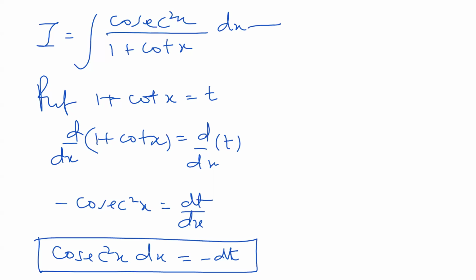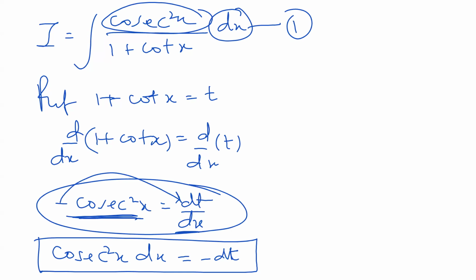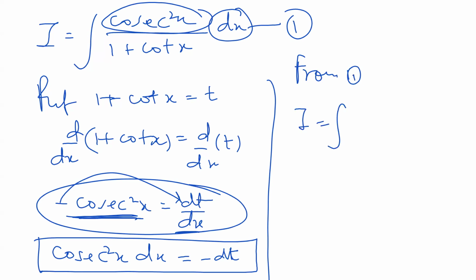Okay. Now look at this equation number 1 and look at this encircled part. I can observe we can make a group of cosec square x dx. So I'm grouping cosec square x dx. So this minus sign goes on the right hand side, it becomes minus dt. So from equation number 1, the next step, integration. The encircled part is minus dt and down it is t.